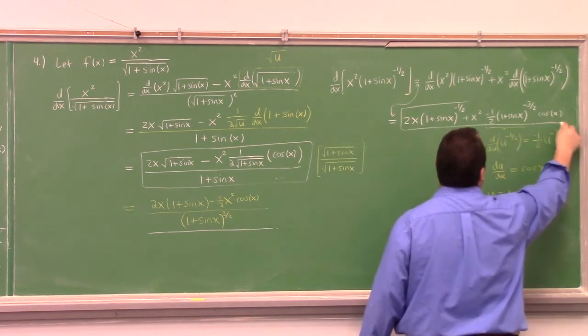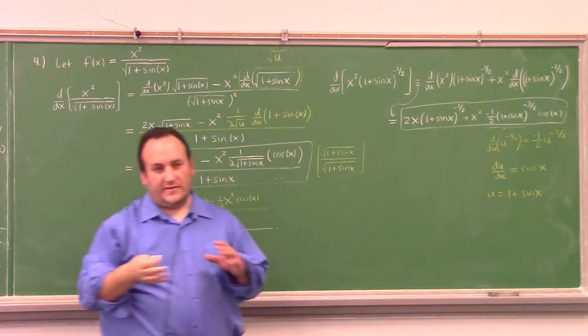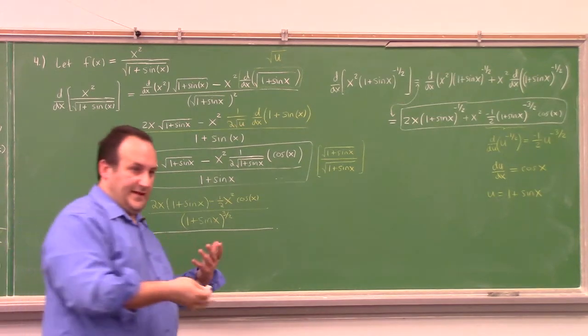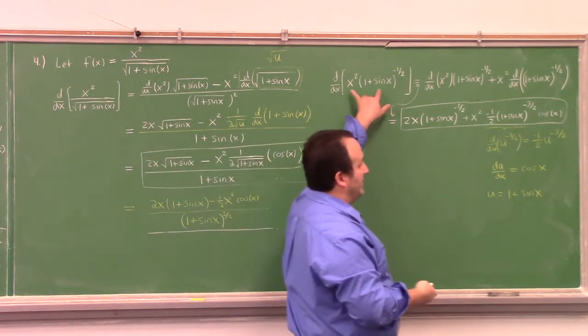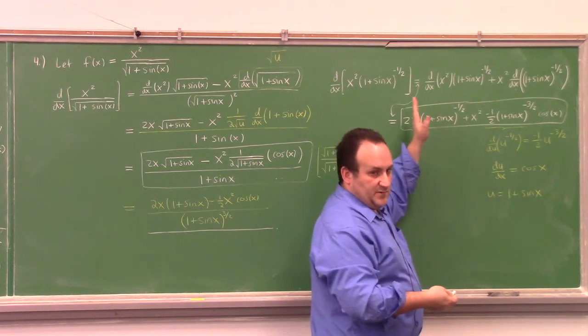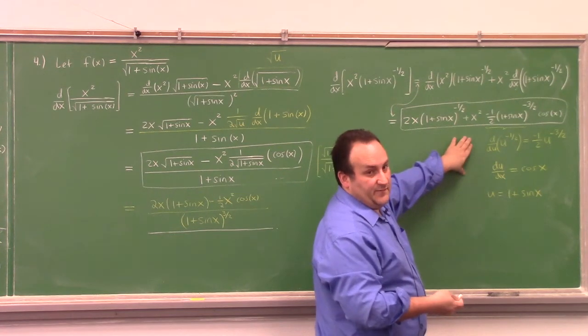So most students who are good at calculus, by the time you get to the end of this course, this kind of derivative, you can just write down, going from here to here like that. That's your aim, to get to the point where you can go from here to here with confidence.